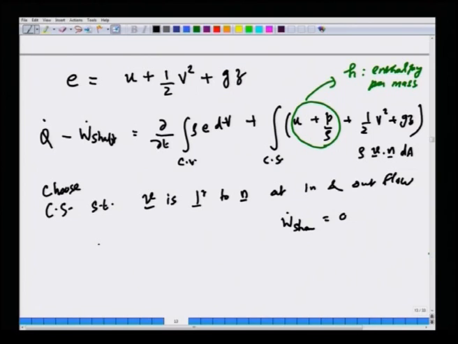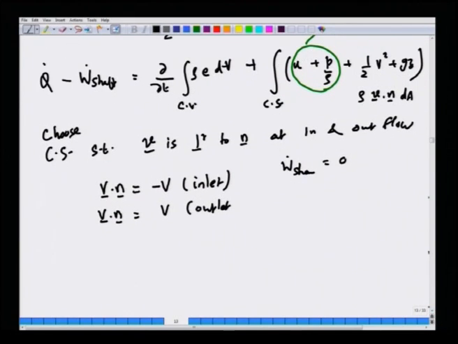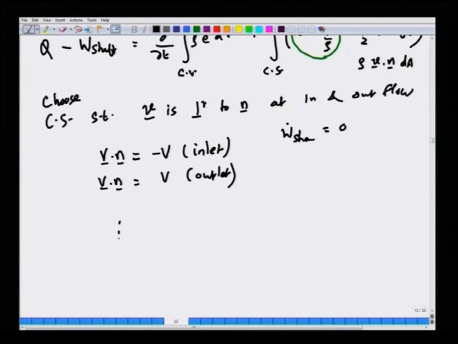That is, at the inlet V dot n is minus V, and V dot n is V at the outlet. So, you should always choose your control surface such that the velocity vector is exactly perpendicular to it, so that there is no component in the direction parallel to the surface. That is something we can always do when we choose our control surface.